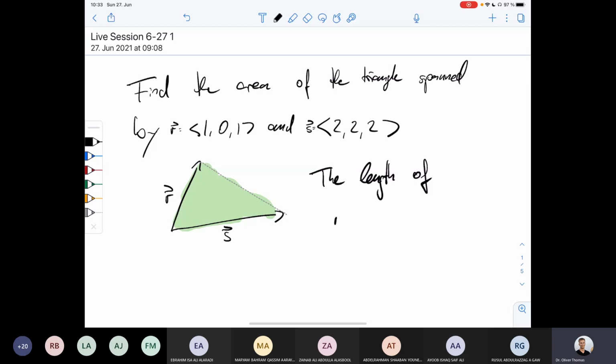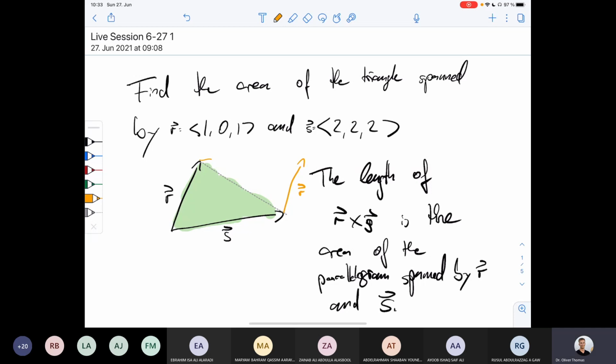So this is also R, and this is also S. And then we have this area, and this area is precisely the length of the cross product between R and S.